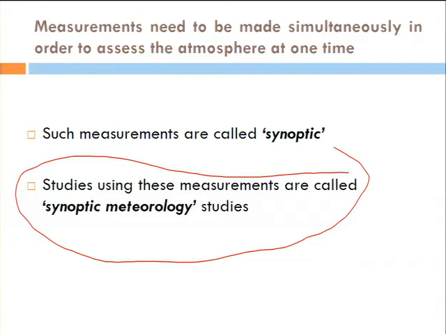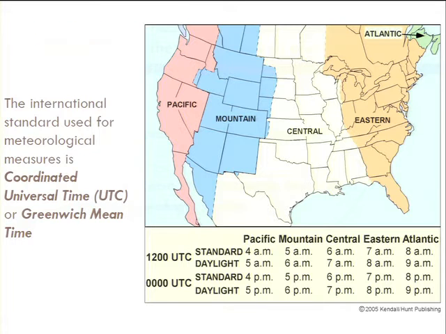Now, since we have to coordinate our times across the globe, we actually use something called Coordinated Universal Time, or Greenwich Mean Time. So when we talk about meteorological timestamps, we're essentially using the time in Greenwich, England, on the 0 degree meridian. That is our standard time.